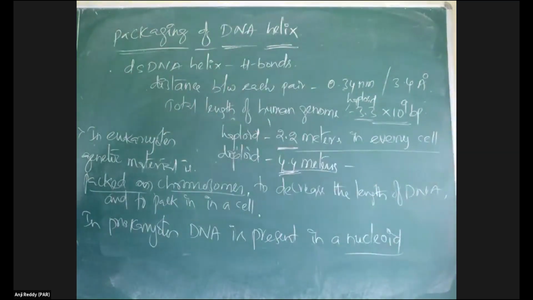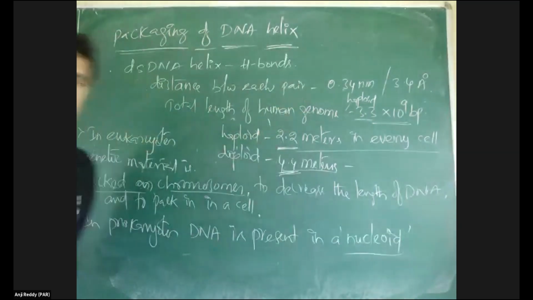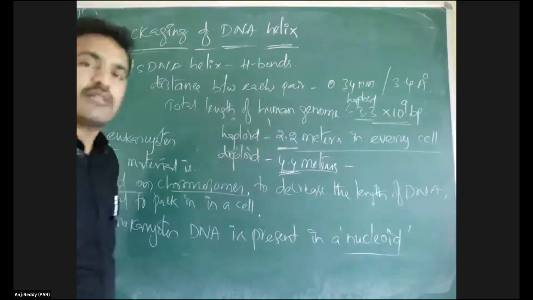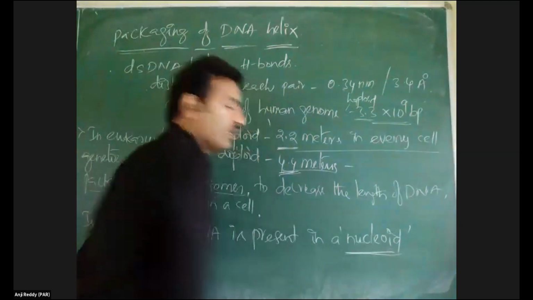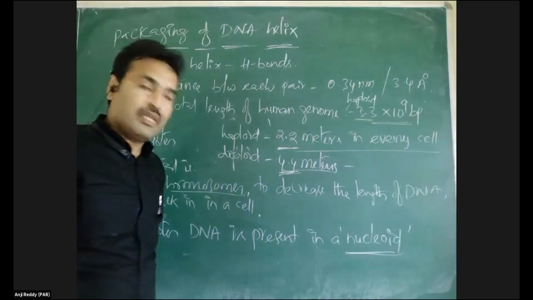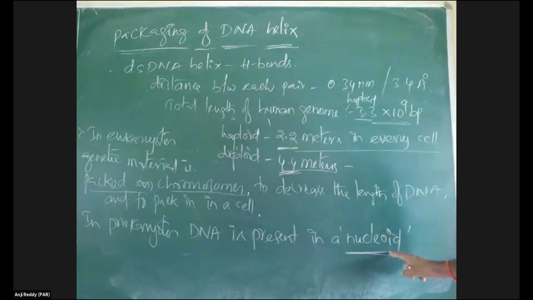In prokaryotic organisms, there is no well-developed nucleus. As the nucleus is not found in prokaryotes, instead there is a membrane-less organelle called the nucleoid. Prokaryotic cells are those which do not have membrane-bound organelles. The nucleus is a membrane-bound organelle, but in prokaryotes there is no nucleus.